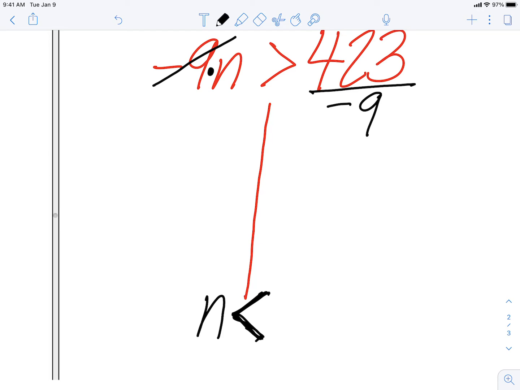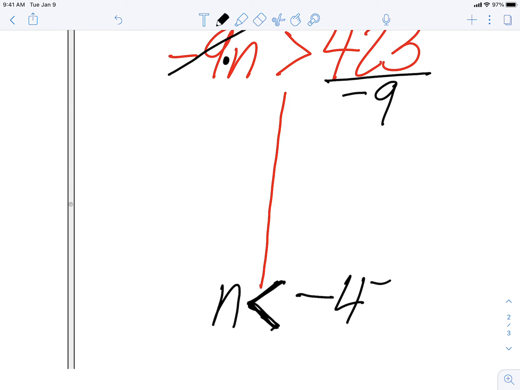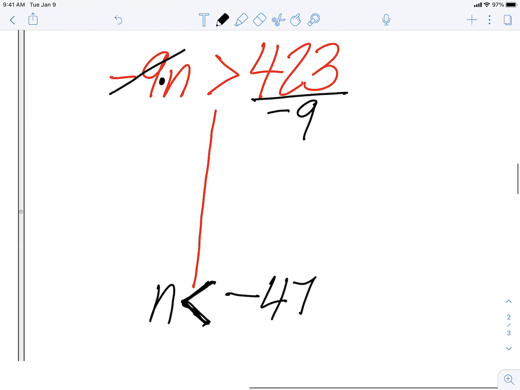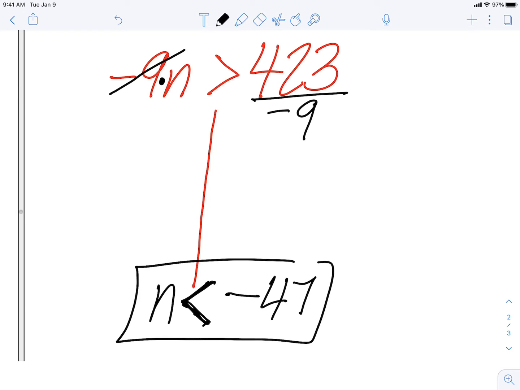And then I'm going to say a positive divided by a negative is a negative. And using my calculator, 423 divided by 9 is equal to 47. And there's no need to mirror because n is already on the left. So this is my solution. N is less than -47.